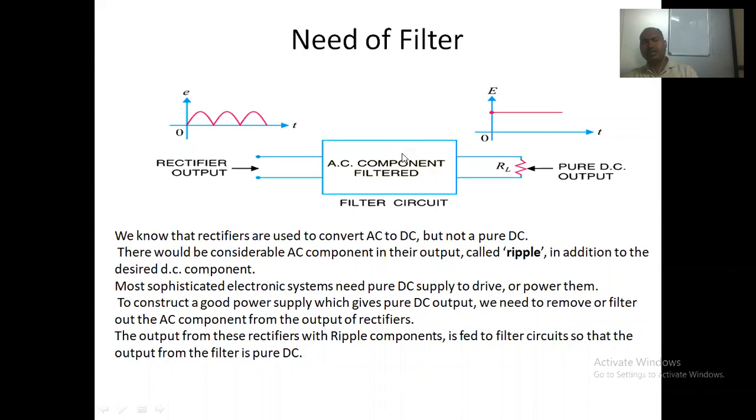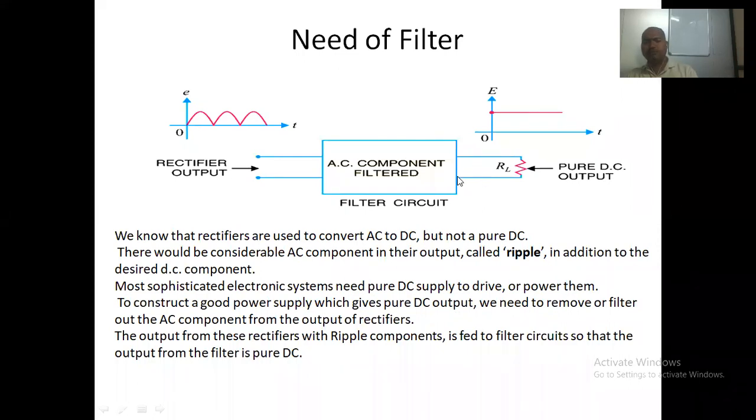Filtration work is like the way we filter tea in Marathi, the same way it is done, only the remaining liquid of the tea comes across. Same way, only the DC component comes at the output. We just consider here only the block diagram. We will see the detail in a further session.